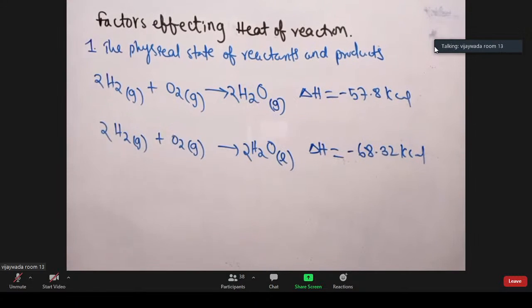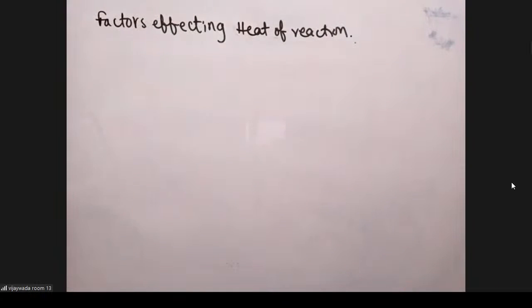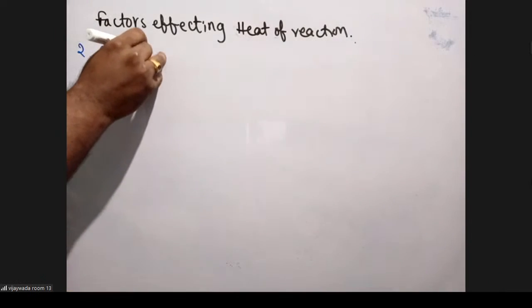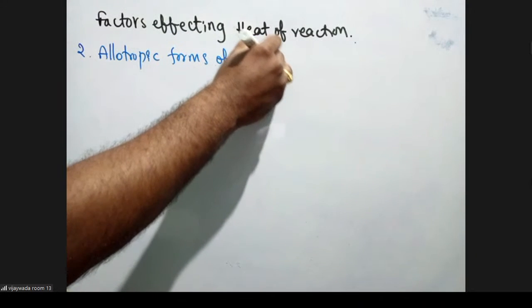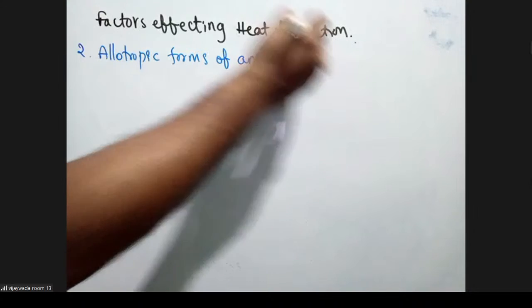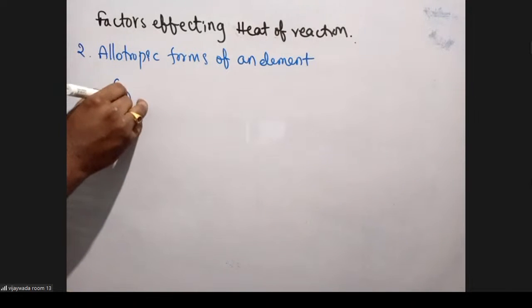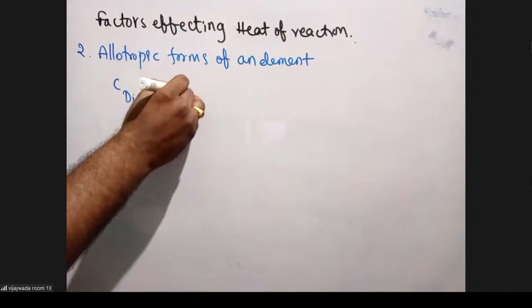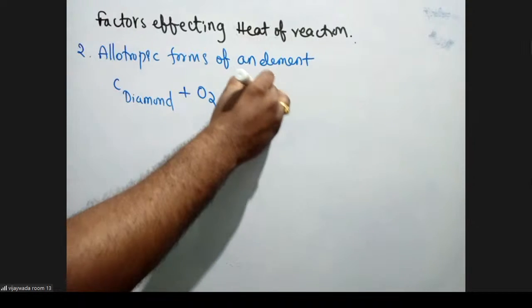Okay, so next, the second factor is allotropic forms of an element. Carbon in diamond form, which is one allotropic form of carbon, reacts with oxygen to give carbon dioxide.